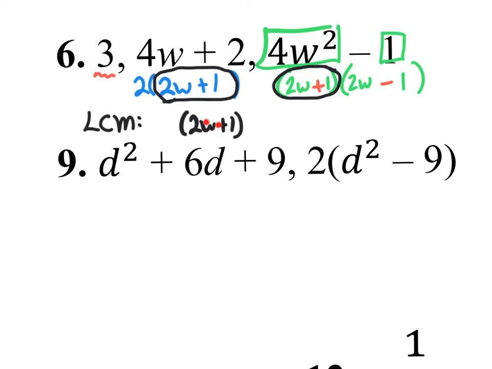Does anything else pair up? Do you have a 3, a 2, a 2w minus 1? Nothing else pairs up. So you need to bring down everything else. I'm going to bring down the 2w minus 1, put it right here. 2w minus 1. And I'm also going to take this 3 times 2 and put it out here in the front as 6. Ladies and gentlemen, that is your LCM for number 6.